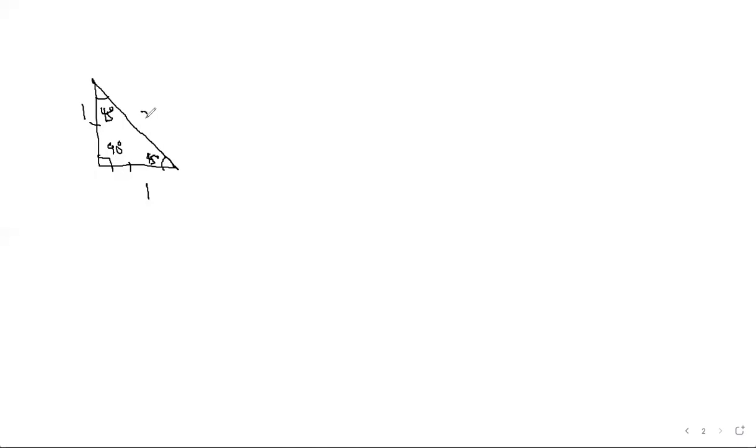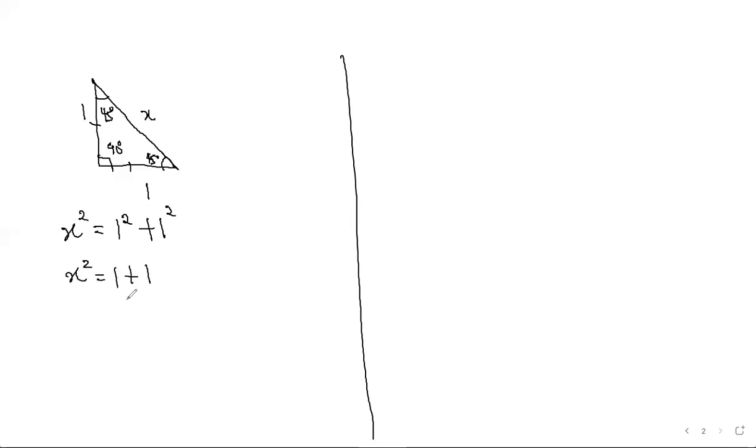I call this x. Using Pythagoras theorem, x squared will be 1 plus 1, so x squared will be 2, and x will be root 2. Now I know the hypotenuse as root 2, so I can use that to get sine 45 degrees, cos 45 degrees, and tan 45 degrees.